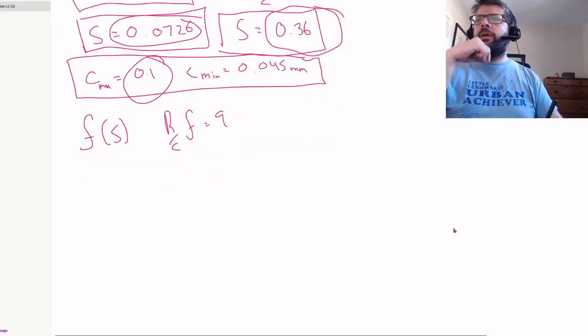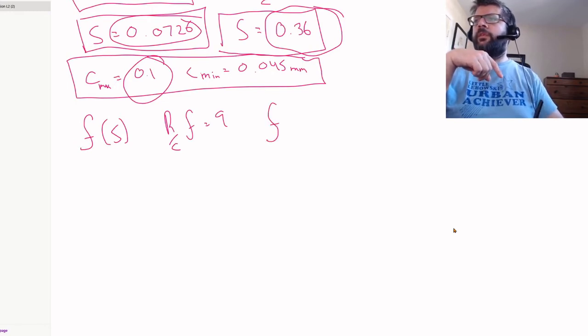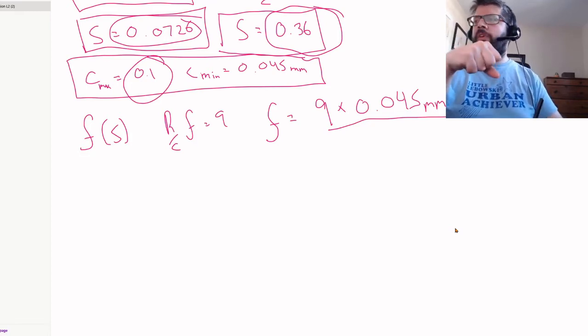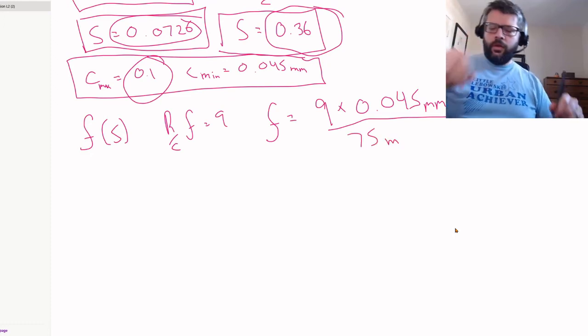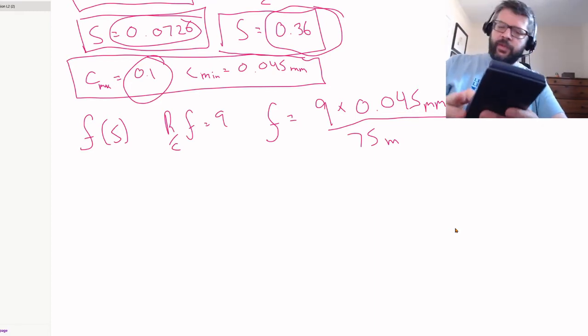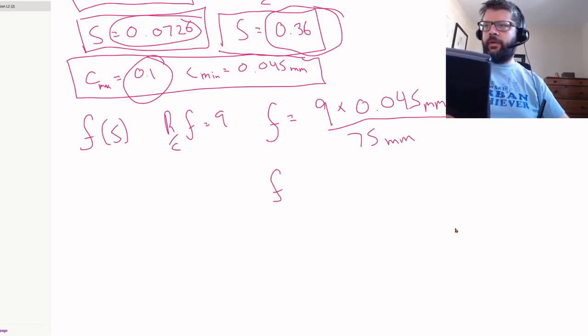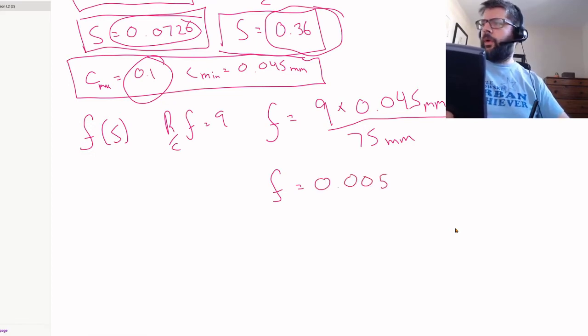So solving for F is equal to 9 times 0.045 millimeters divided by our R. So 150 divided by 2, the diameter is 150. Radius is therefore 75 millimeters. So what does that end up being? That gives us an F value of 0.0054.